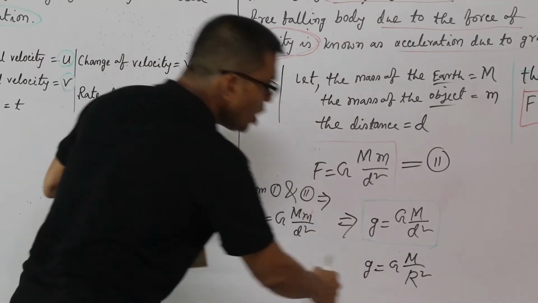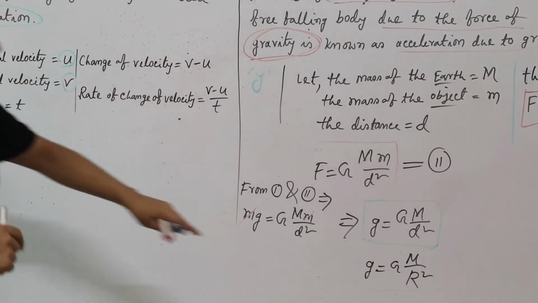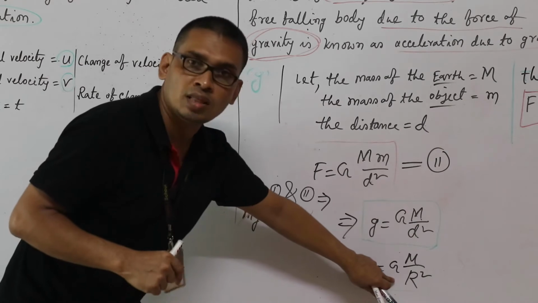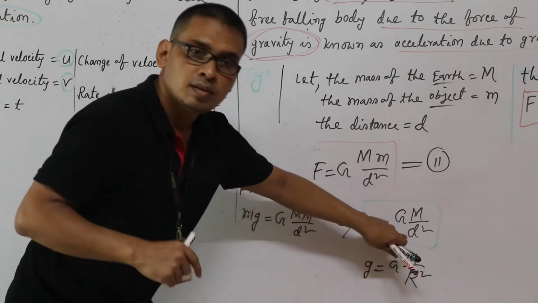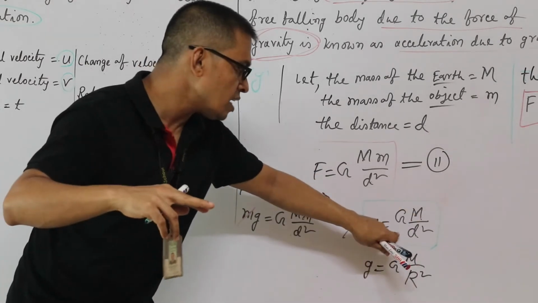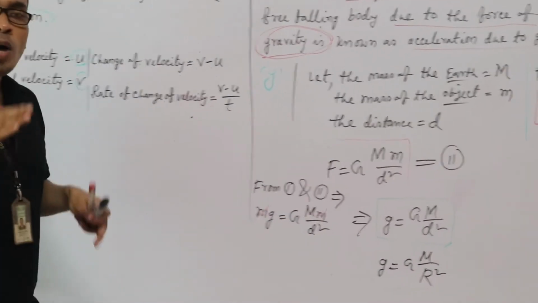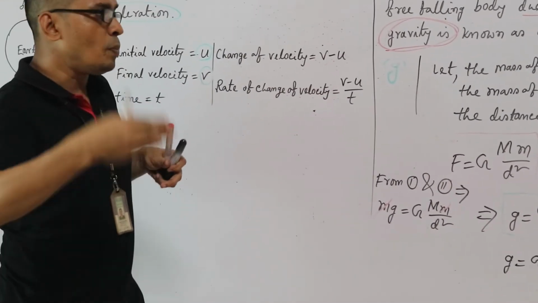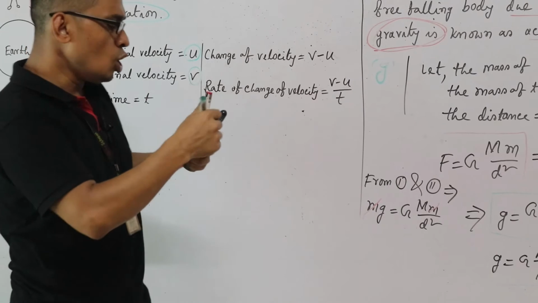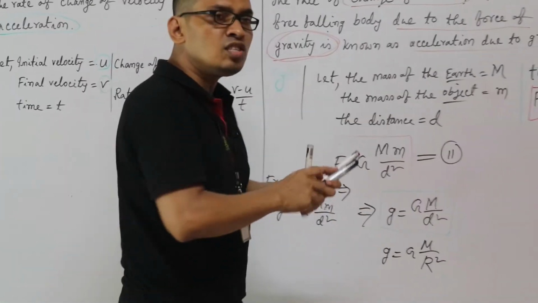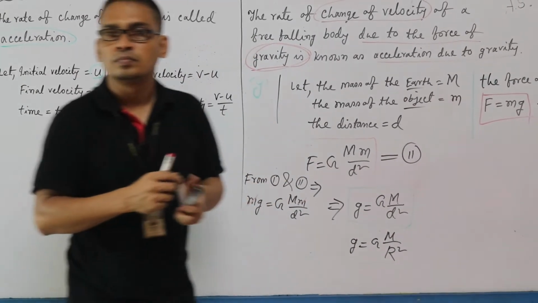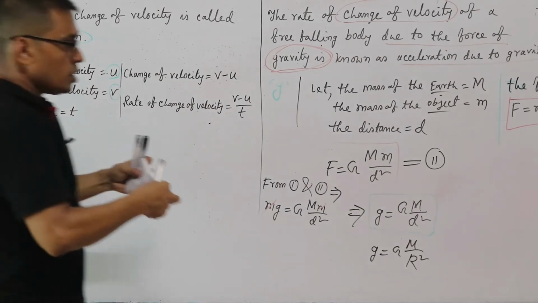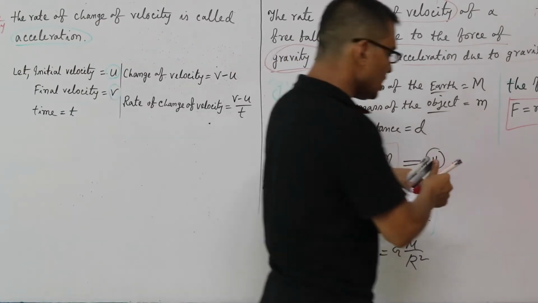Now as g depends on the distance between the object and the earth, the value of g changes from place to place. We know the earth is not a perfect sphere, that's why the value of g changes.